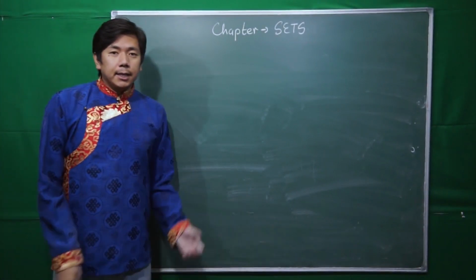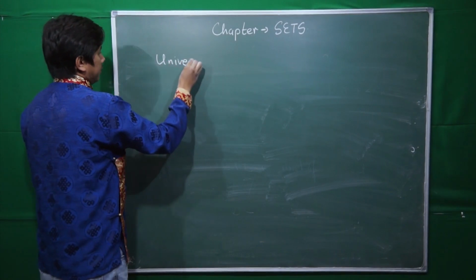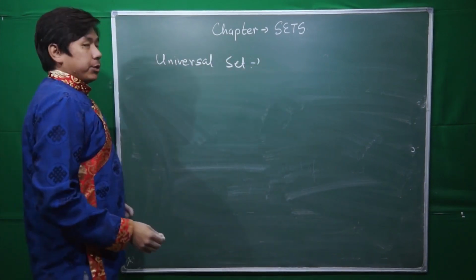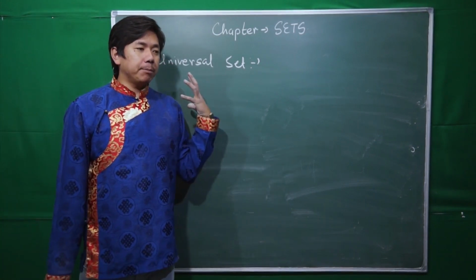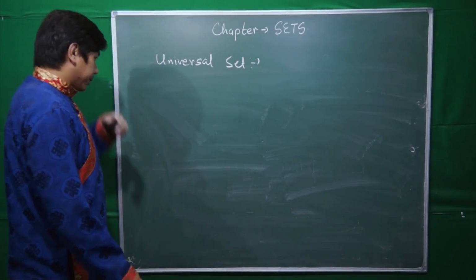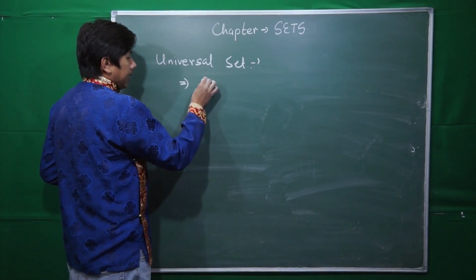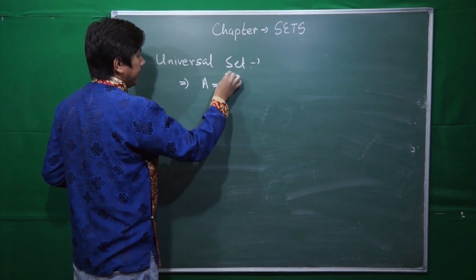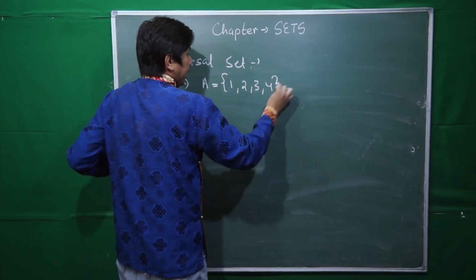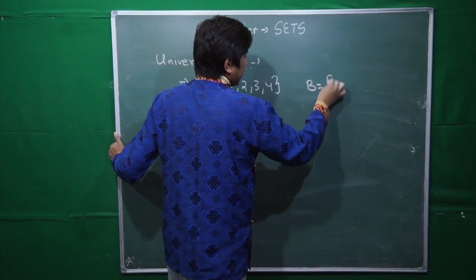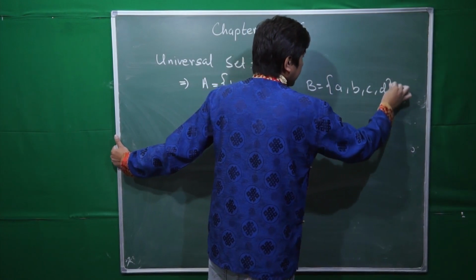So for the next set topic, we have universal set. What do you mean by universal set? It is a parent set from which certain offsprings are obtained. Take an example: let A be a set {1, 2, 3, 4}, and let B be another set with certain values a, b, c, and d.